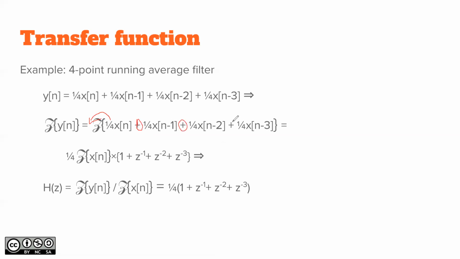It's a sum of 4, so the first term would be one quarter of x of n, plus one quarter of the next one.